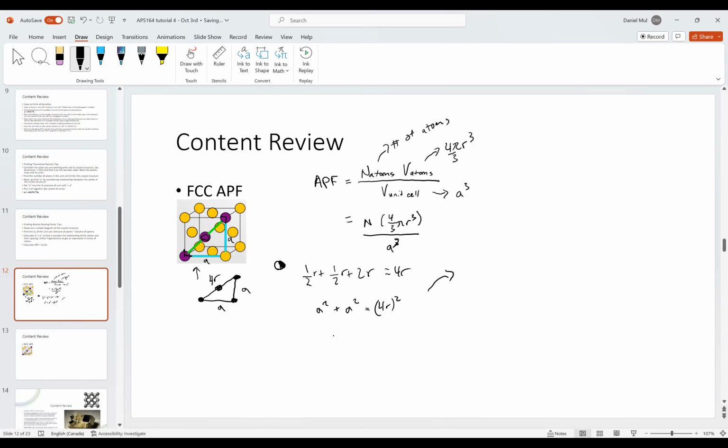This is just a squared plus b squared plus c squared. So you get 2a squared equals 16r squared, and then a equals 2√2 r.